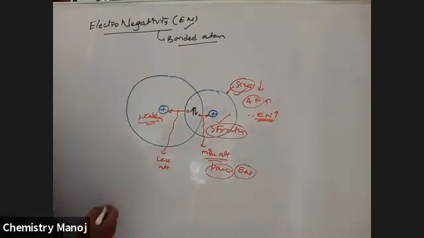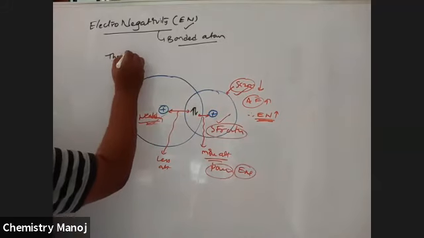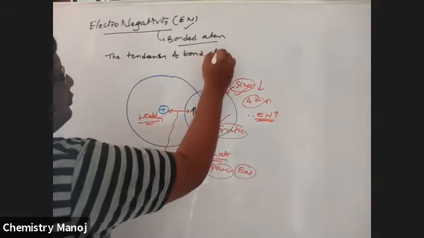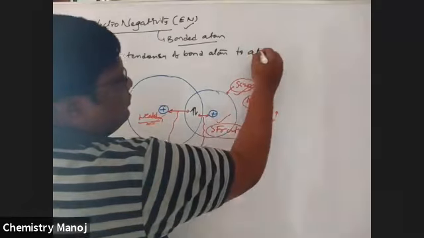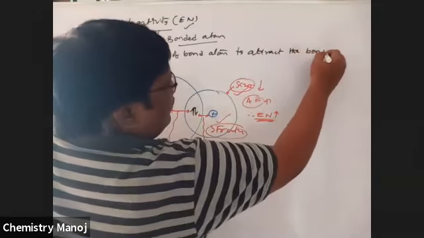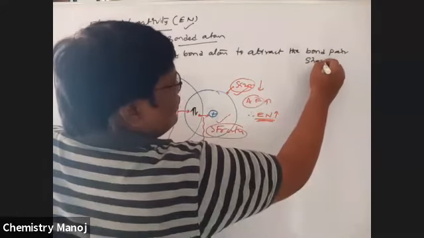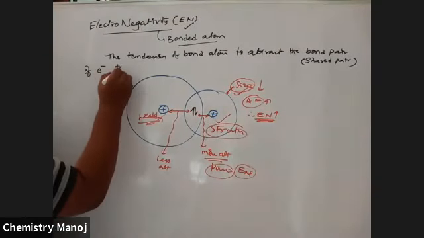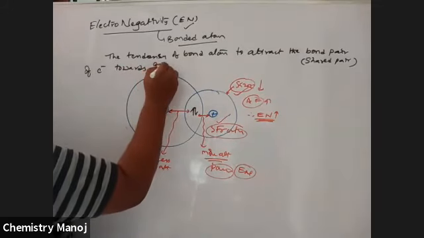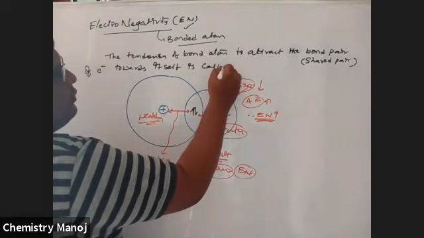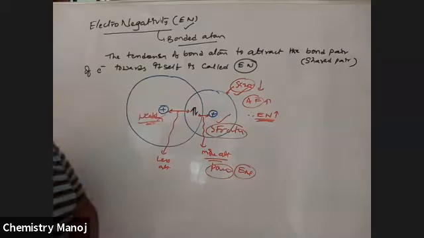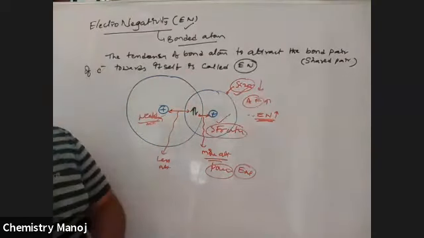What is electronegativity? The tendency of a bonded atom to attract the bond pair or shared pair of electrons towards itself is called electronegativity.